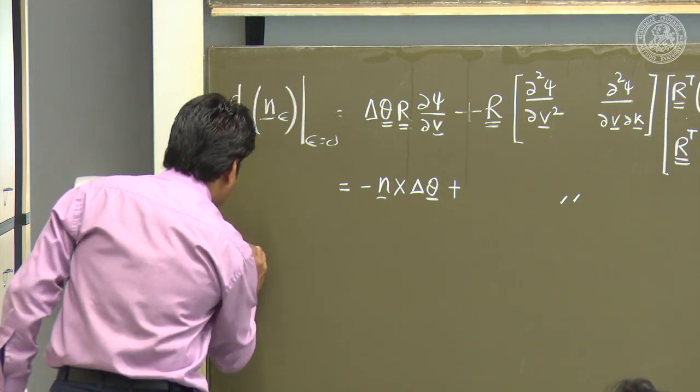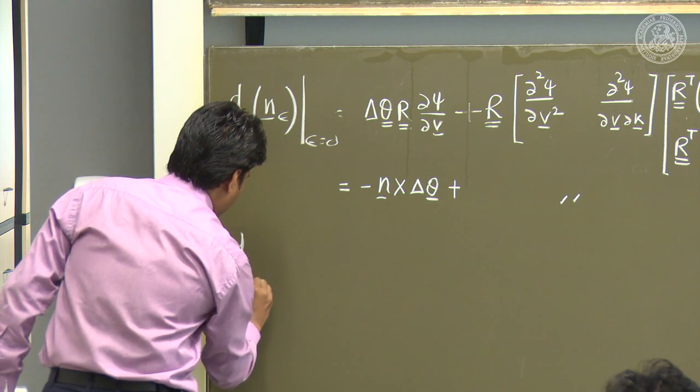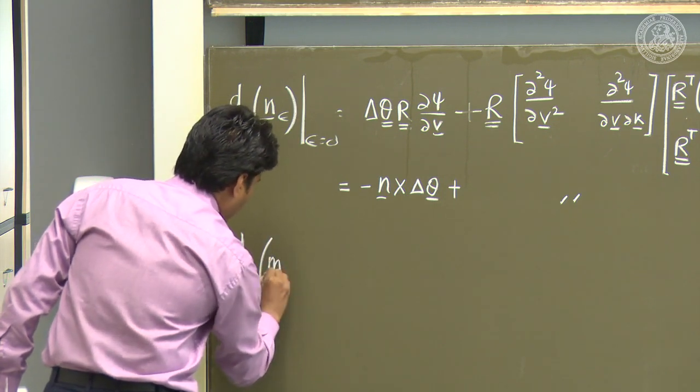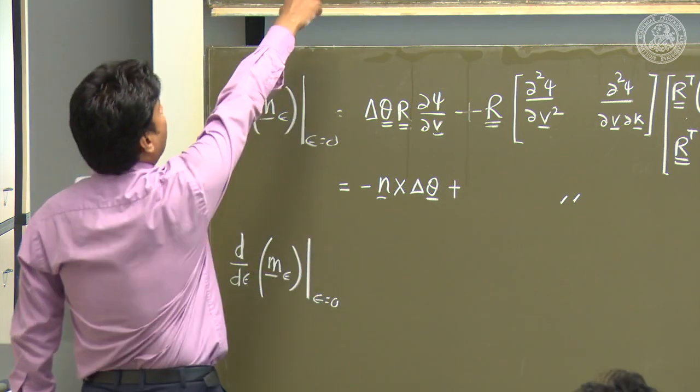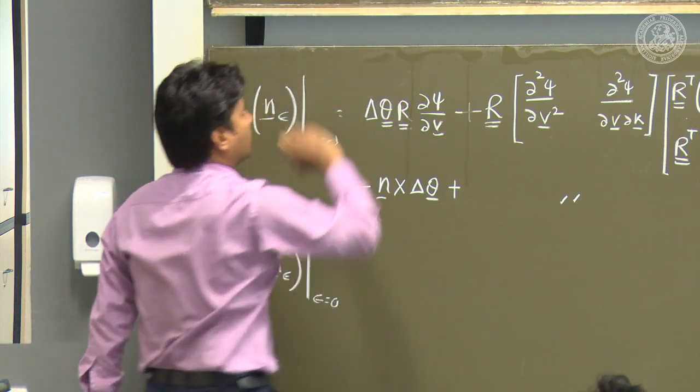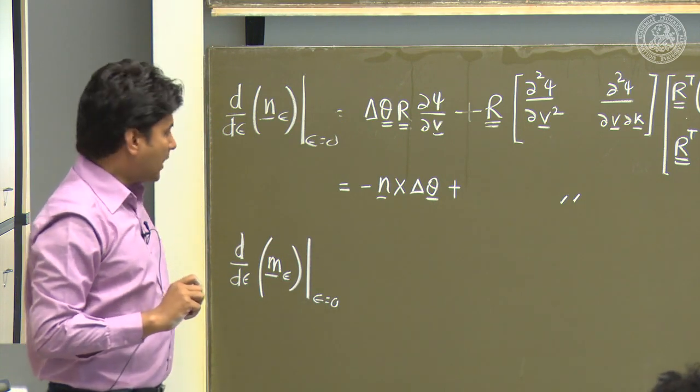Similarly, when you work out d by d epsilon of m epsilon at epsilon equal to 0, because you have both of them, n epsilon and also m epsilon, what's that going to give you?